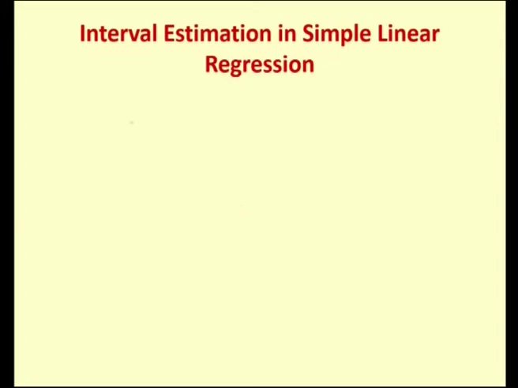So, the sampling distribution of n minus 2 times the mean square error due to residual divided by sigma squared is a chi squared variate with n minus 2 degrees of freedom.